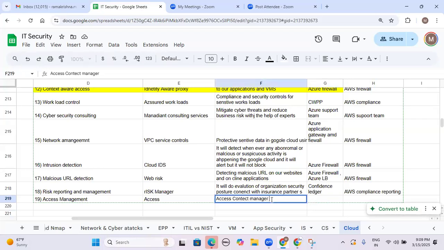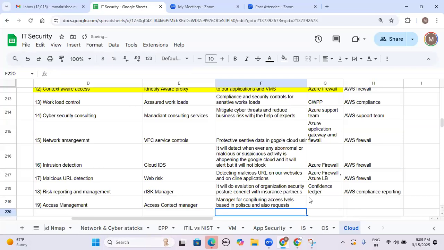So how can we define this one? Manager for configuring access levels based on policy and also request.